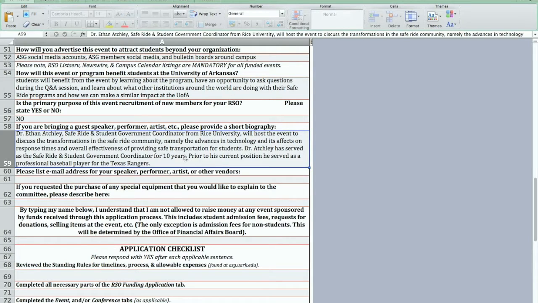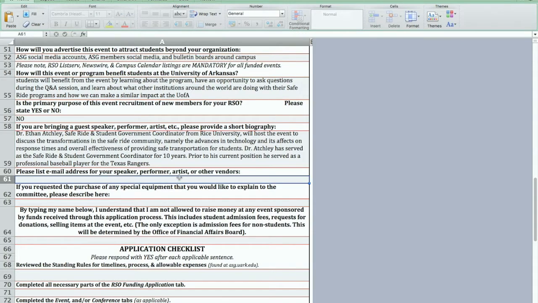He's going to discuss the transformations in the Safe Ride community and the advances in technology and its effects on the response times and overall effectiveness of providing safe transportation for students. And so his email is eatchley@rice.edu.